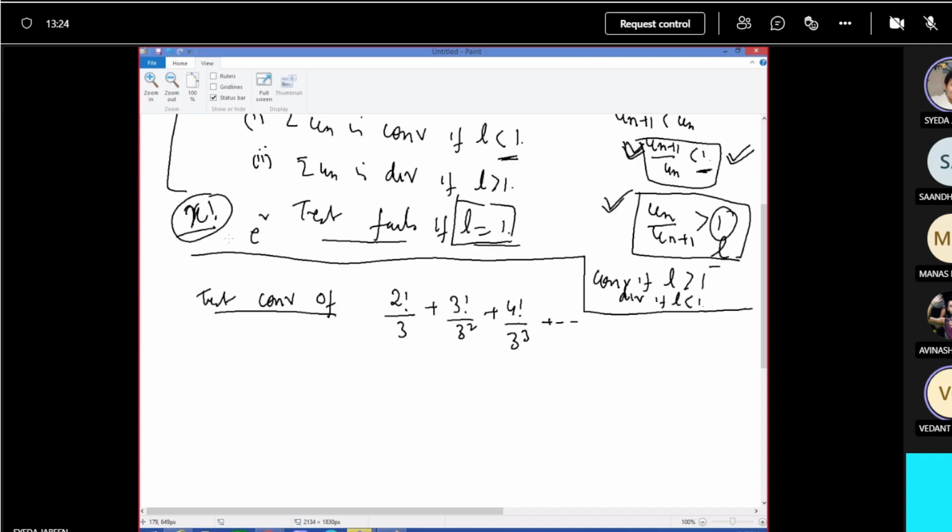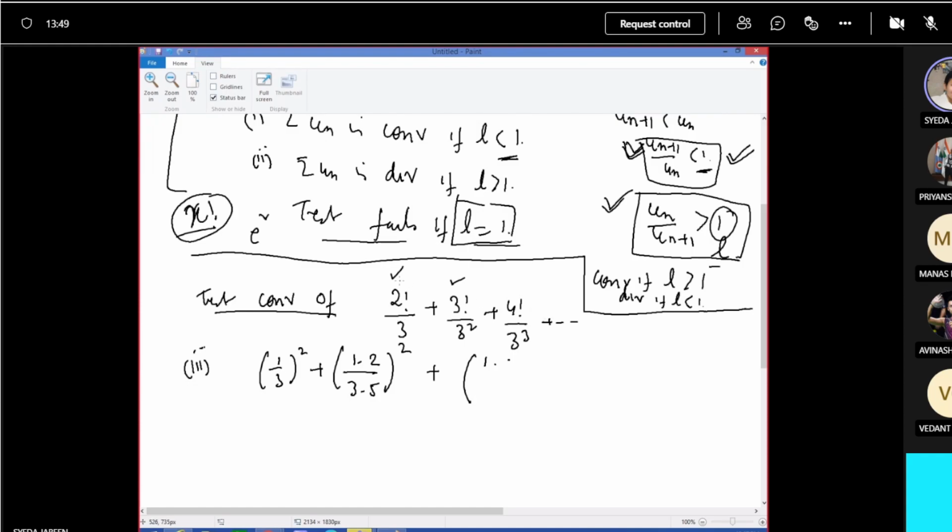Yes, right. Now, let us come to this series. Can you just tell the u_n of the above series? You can just guess. First term is this, second term is this. First term is factorial 2, second term is factorial 3, third term is factorial 4, fourth term is factorial 5.